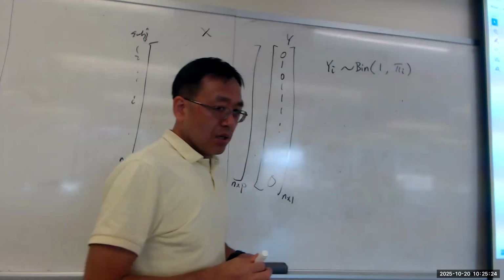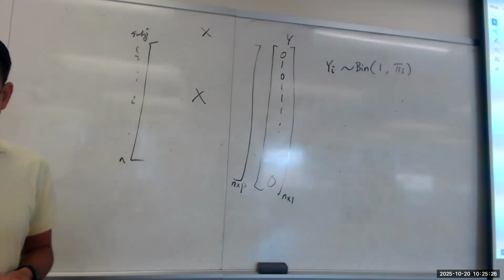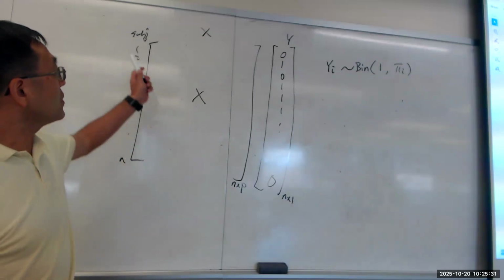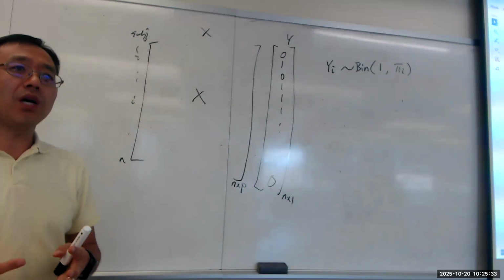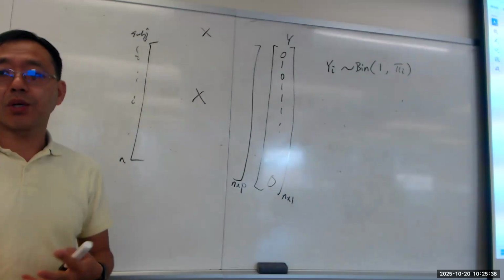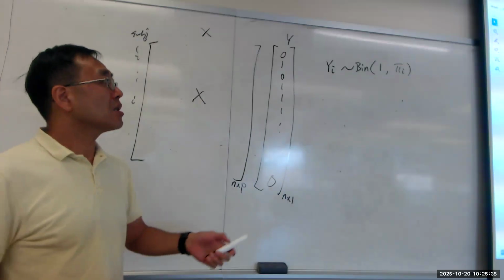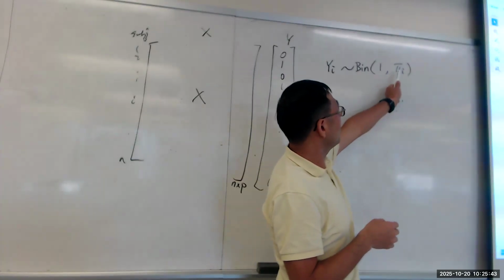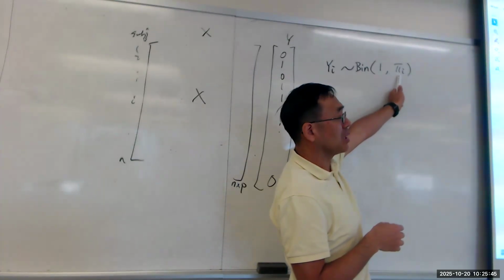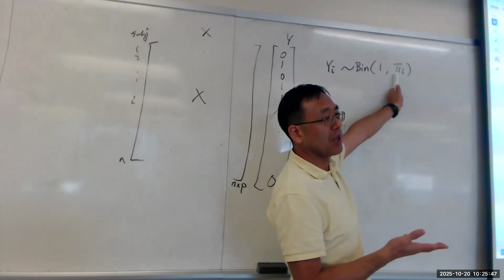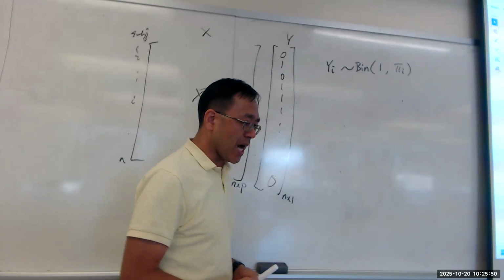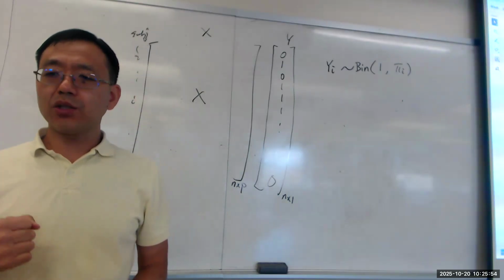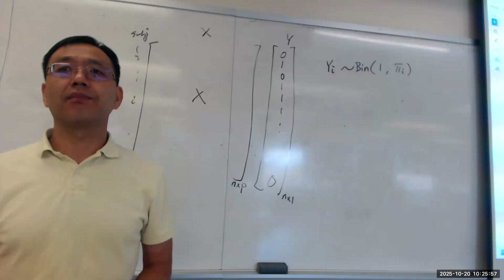So what we're going to assume here is that every subject follows a Bernoulli process, with just 1 because it's one observation in itself. Each one of them has some kind of probability, a probability pi i, specific to each individual, to each subject.